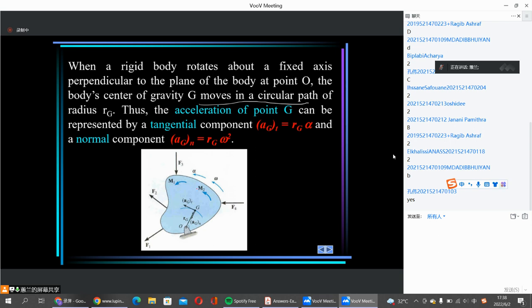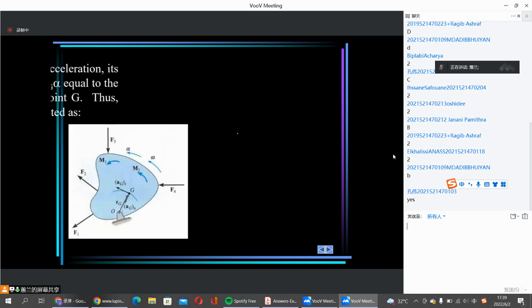So for the point G, it will have tangential acceleration and normal acceleration, right? So for the kinetic force, instead of using AGX, AGY, we use AG tangential and AG normal. The tangential acceleration equals the radius of the mass center times the angular acceleration, and the normal acceleration of the mass center equals the radius times the angular velocity squared.